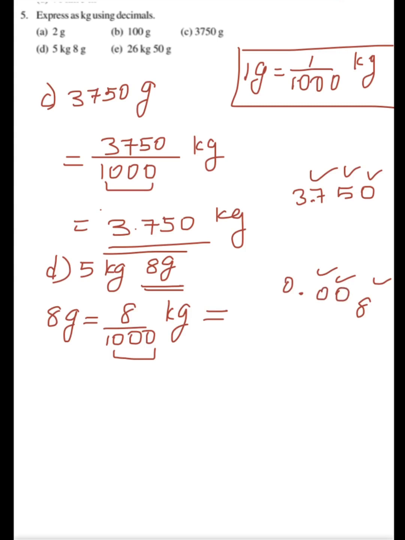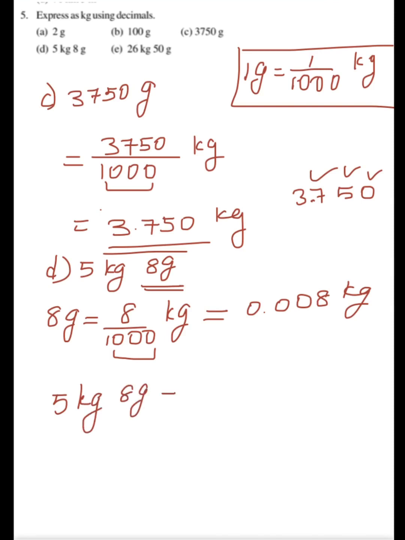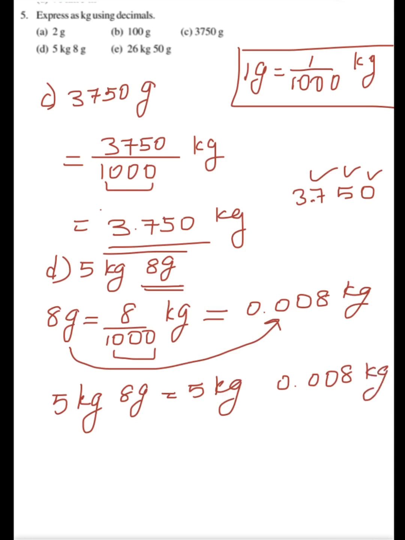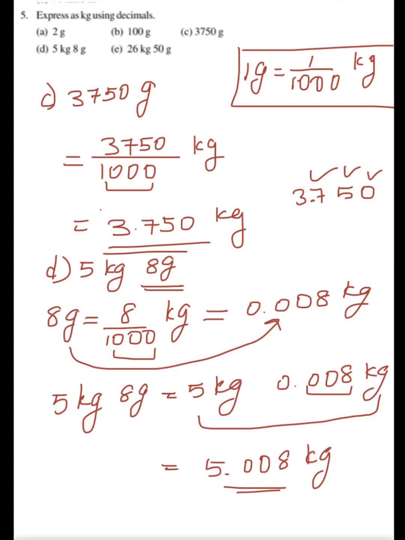So 0.008 kilogram. Now, but our question is 5 kilogram 8 grams. You have converted it into kilograms. So 0.008 kilogram. So in total, how can you write this? 5 point after the point 008. So 5.008 kilogram. Okay, this will be our answer.